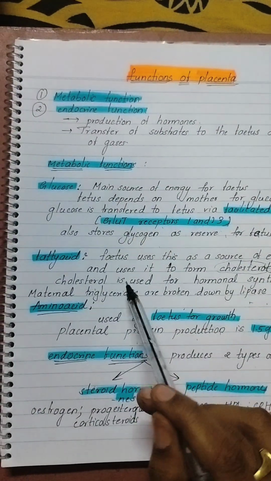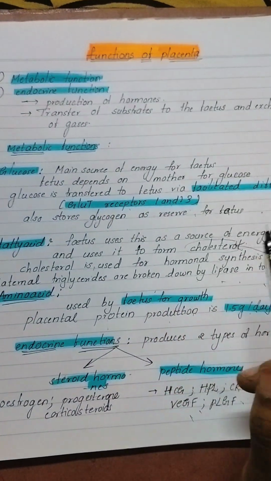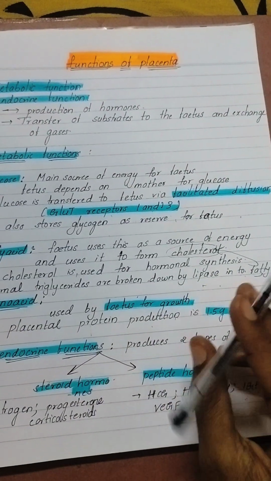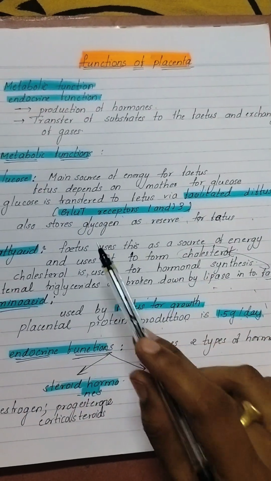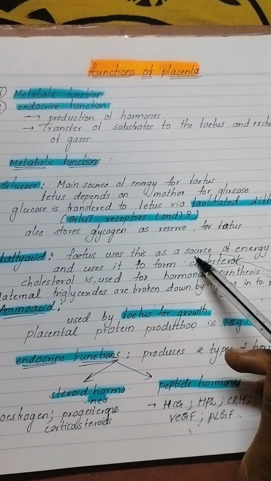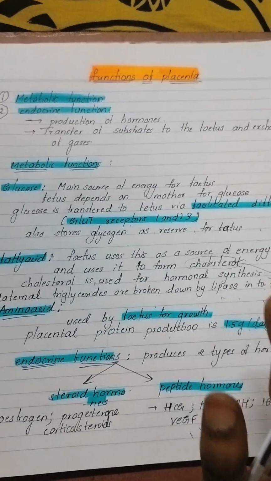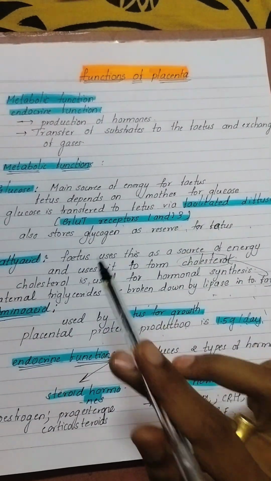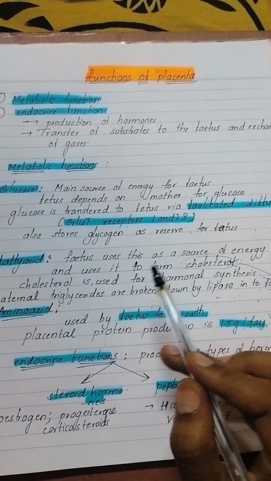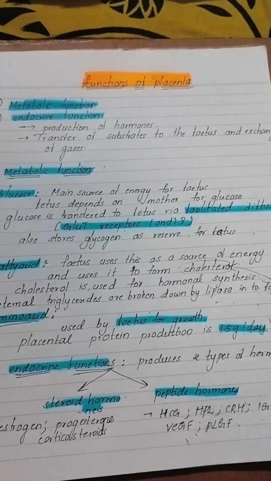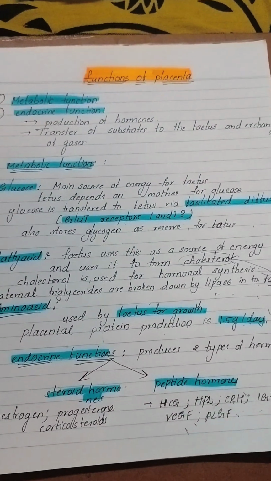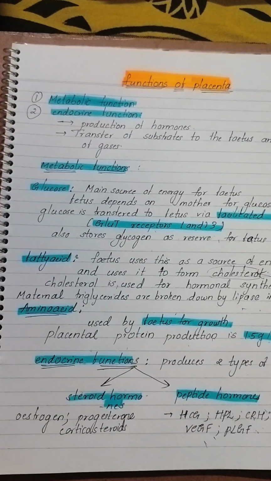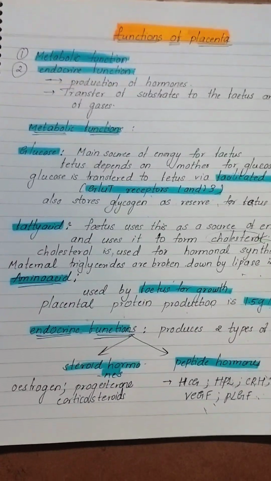So triglycerides are broken down into fatty acids by the lipases, and these fatty acids are used by the fetus as a source of energy, not a main source, but a source. And using these fatty acids, the fetus synthesizes cholesterol, and this cholesterol is useful for hormonal synthesis in the fetus.